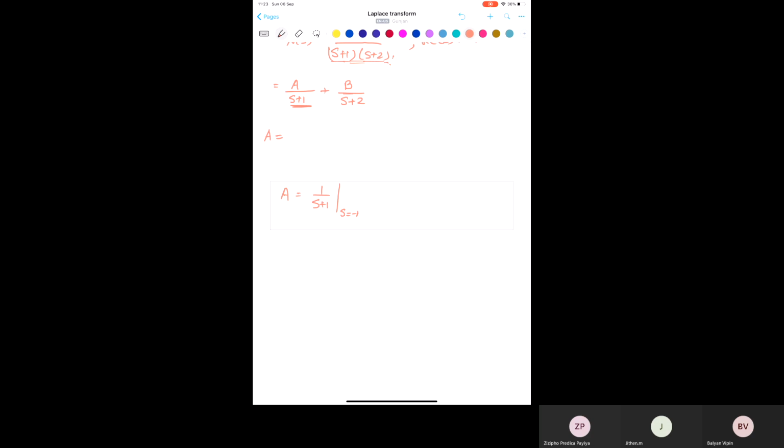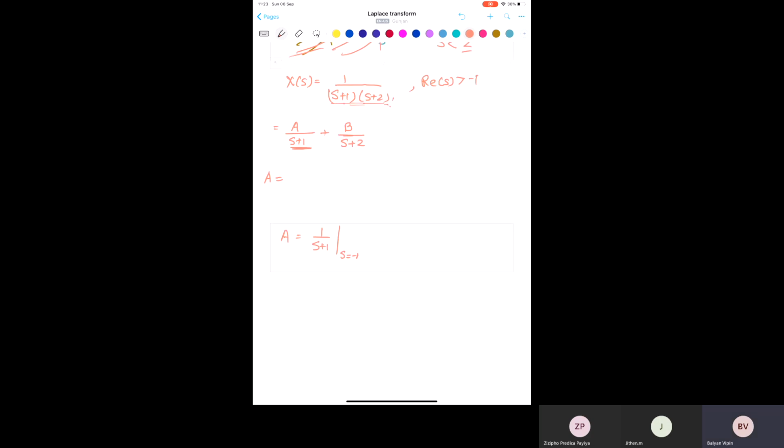It means in the remaining equation, which you find after removing s plus 1, sorry, I just wrote it wrong, this is s plus 2 here, you will put s equals minus 1. So the value of A will be 1 upon minus 1 plus 2, so it will be 1. You understand how I did it?